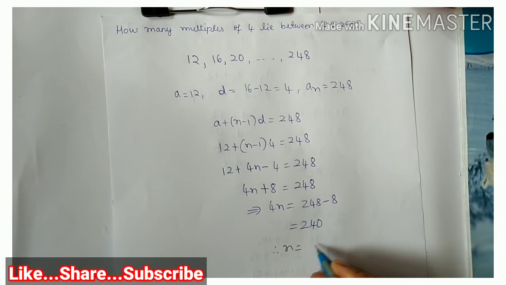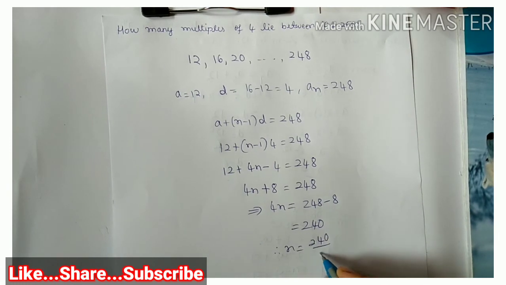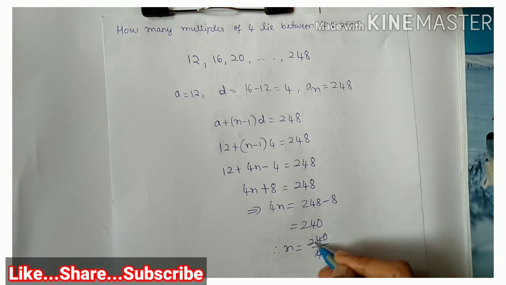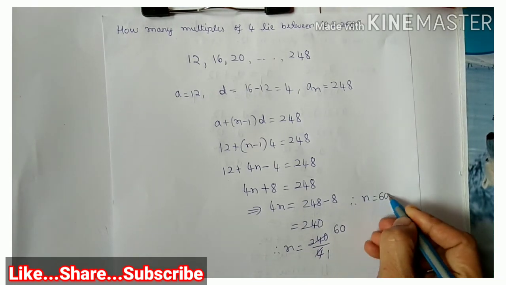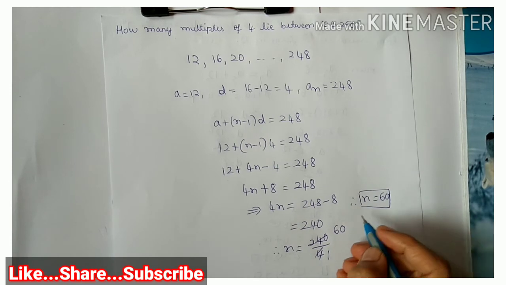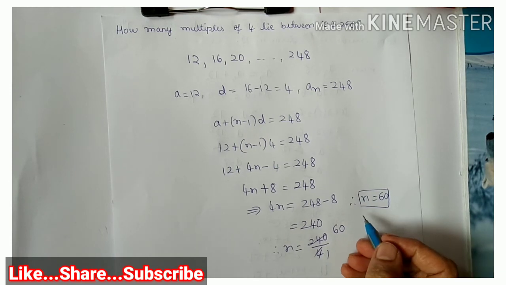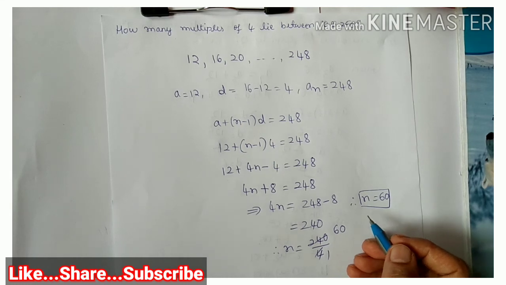Therefore n is equal to 240 by 4, so n is equal to 60. So there are 60 multiples of 4 between 10 and 250.